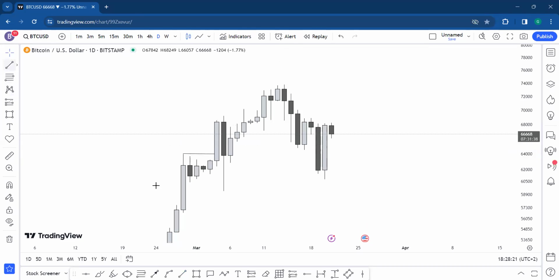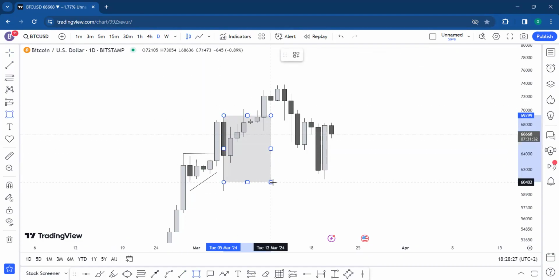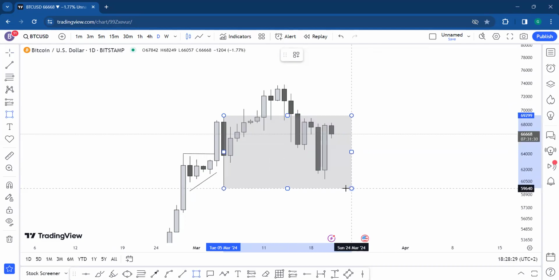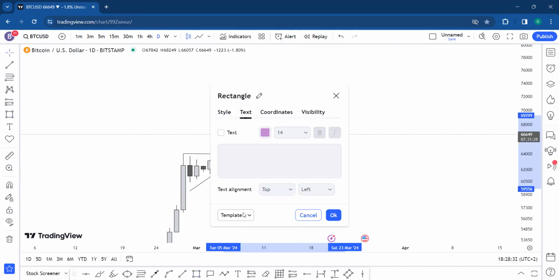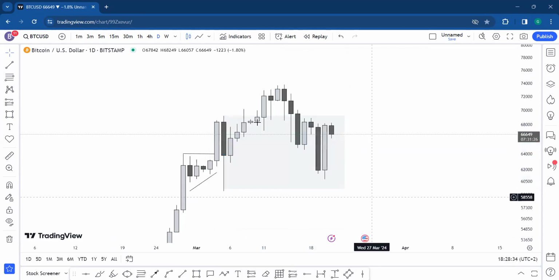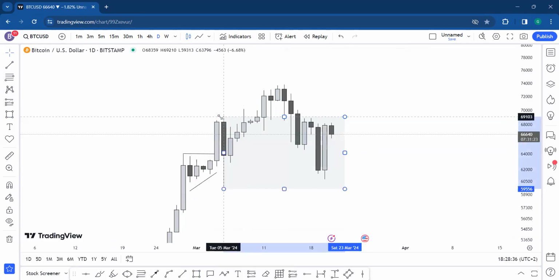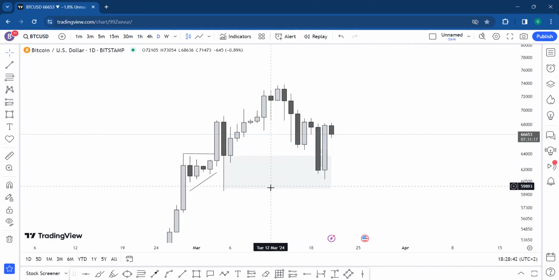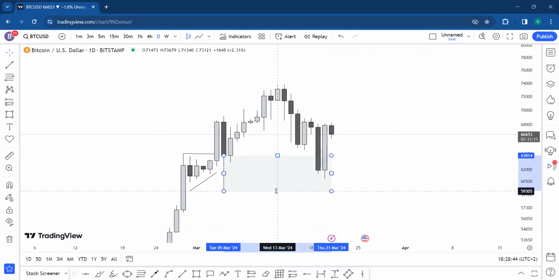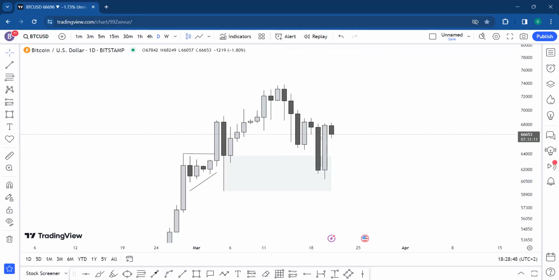Here we see this low getting wiped and price being strong enough to create a new range or to break into the next high. So on the daily we're having something like this demand, and we know for a fact that we're targeting the next high, because this low right here is strong.